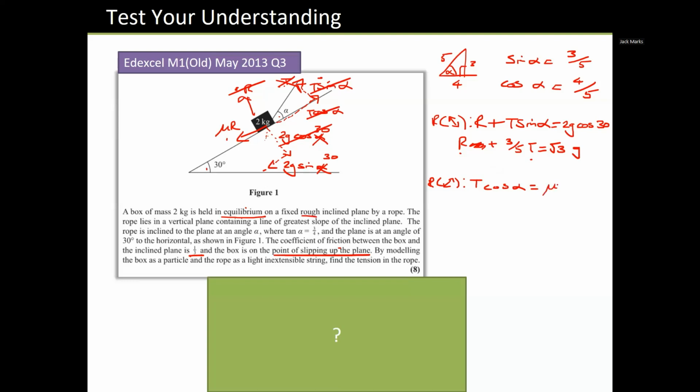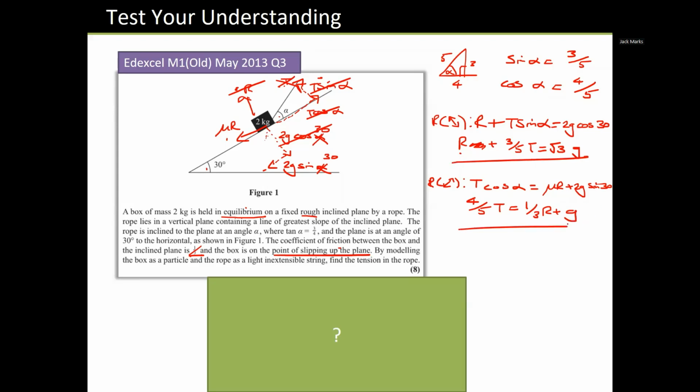So mu R plus 2g sine 30. Do some cleaning up on that. Cos alpha is 4/5. So 4/5 T is equal to mu, I've got the value for mu, so that's a third R plus sine 30 is a half. So that's just all going to turn to g.